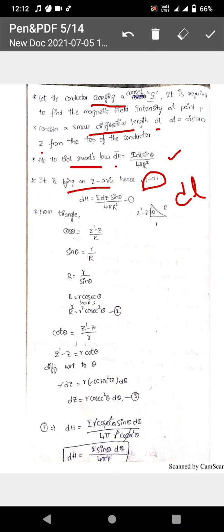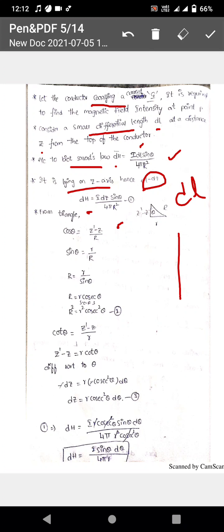In Cartesian coordinates, dl is the differential length along the z axis, and since the conductor is along the z axis, dl equals dz. Hence we can write dH equals I dz sin theta by 4 pi r square.